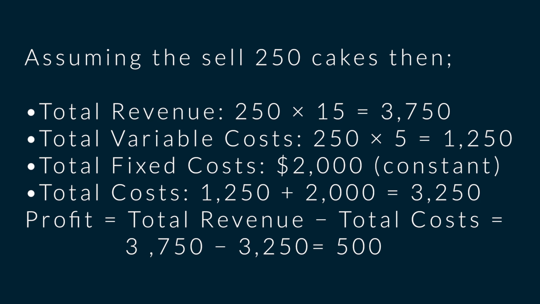So profit, total revenue minus total cost, is 3,750 minus 3,250, which equals 500. So after selling 250 cakes, the bakery makes $500 in profit.